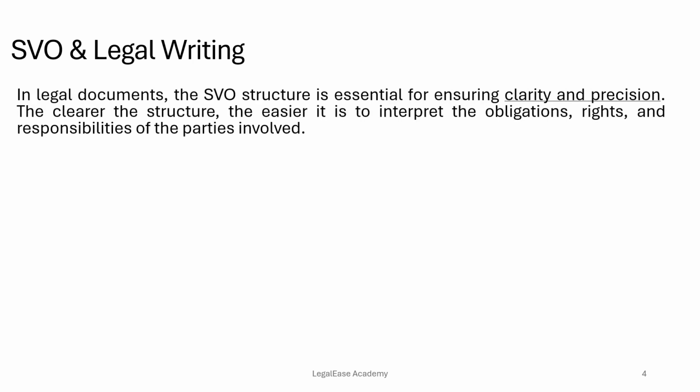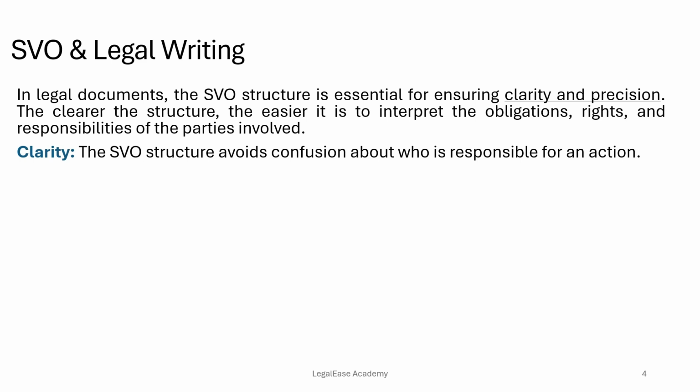When looking at the subject-verb-object rule in legal writing, in legal documents, this structure is essential for ensuring clarity and precision. In other words, you want what you are writing to be very easy to follow and easy to understand.